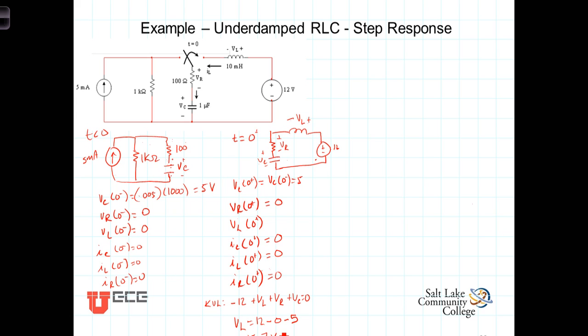So coming on down here, as t approaches infinity, we will have V sub C at infinity, V sub R at infinity, V sub L at infinity, then I sub C of infinity, I sub L of infinity, I sub R of infinity.